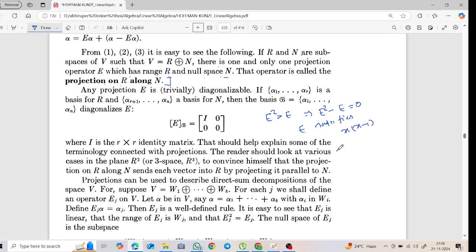So the minimal polynomial of E is either x, or x minus 1, or x times x minus 1. In all the cases, they are products of distinct linear factors. So E is diagonalizable. E has a block matrix form with respect to the basis of the kernel union the basis of the range.